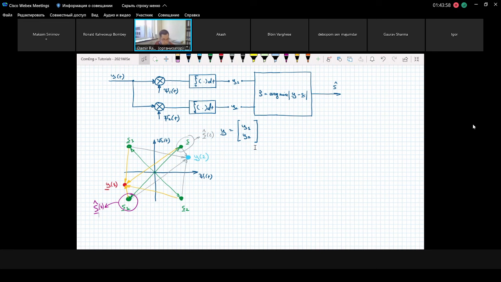The last part that we have for this problem: the received vector y can be decomposed into a signal component Si and a noise component N. It means the projection of N(t) into our signal space, and we need to determine the expected value of the product Nj times Nk.